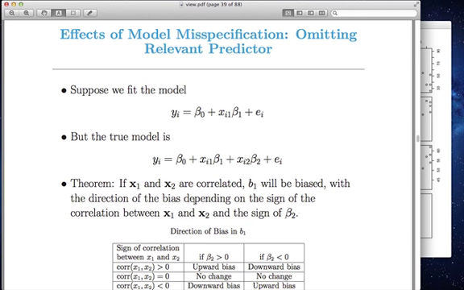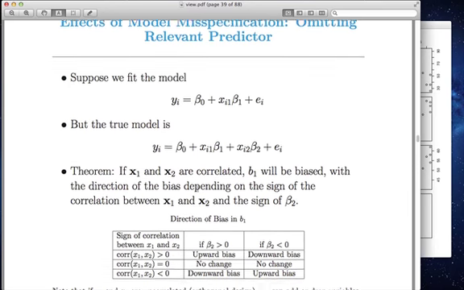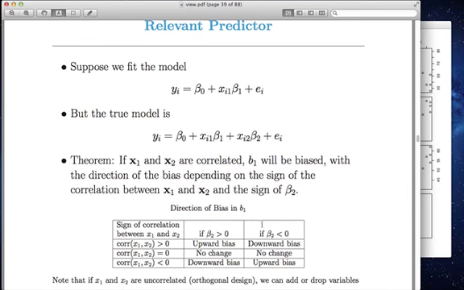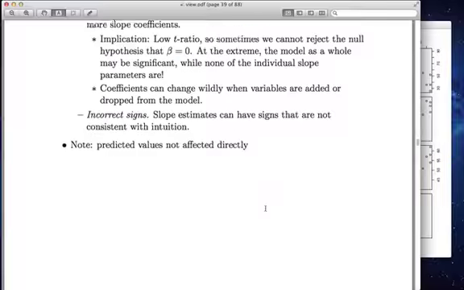So medical quality has a positive correlation with network access and a positive correlation with physician appointments. In the case of network access, the beta was positive, physician appointments was negative, and that's why we get the different bias. So with network access, we had an upward bias. With physician appointments, it was a downward bias.